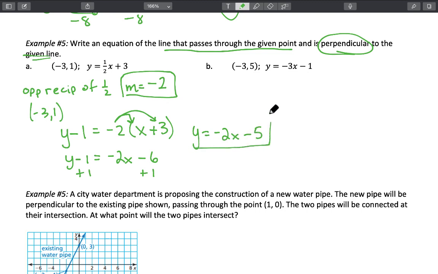And there's the equation of a line that is perpendicular to the given line, and it passes through the point (negative 3, 1). Go ahead, pause the video, and you attempt letter B: find the equation of a line that's perpendicular to negative 3x minus 1 and passes through the point (negative 3, 5).